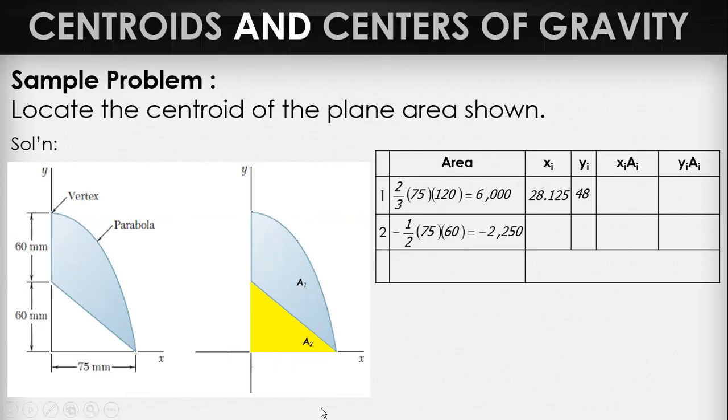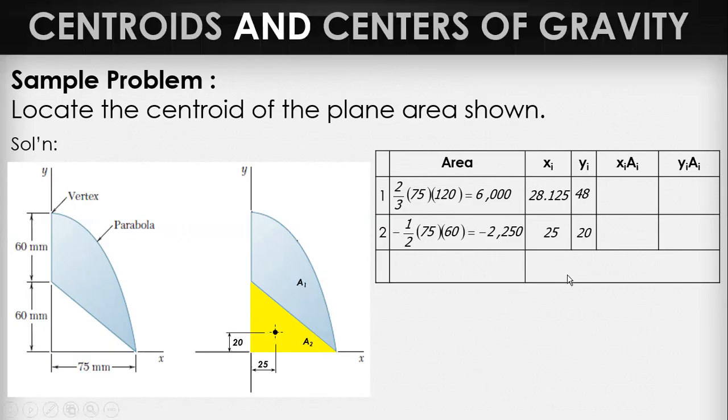Minus, and then the distances. This is 1/3 of the base. 1/3 of 75 is 25. And then y2, 1/3 also of the height, 60. 1/3 of 60 is 20.